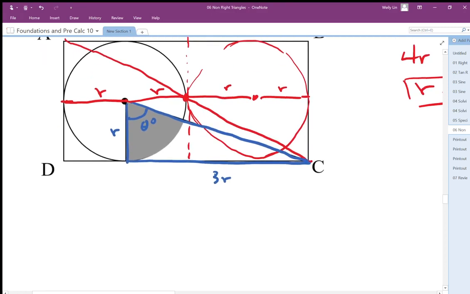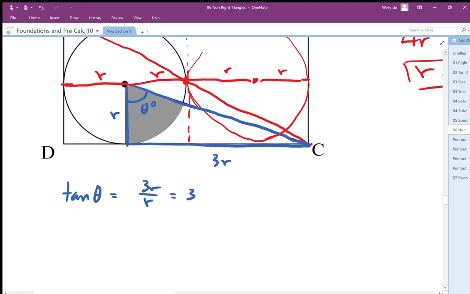So in this case, I know that my tan of angle theta is equal to the opposite over the adjacent, which simplifies to just 3. And so I can work out that angle. We had 18 point something when we worked it out from the other perspective, so this should be about 71 point something, close to 72 degrees.